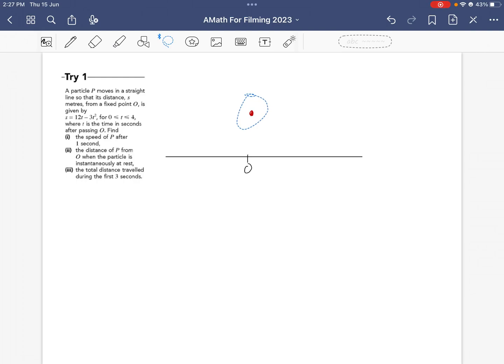Then we learned that at 6 seconds it passes the origin again. So at 0 seconds the particle is moving until 2 seconds it stops, then it changes direction. You start moving backwards until at 6 seconds it's back at the origin. Then you continue to move again. So that's what the particle is doing.